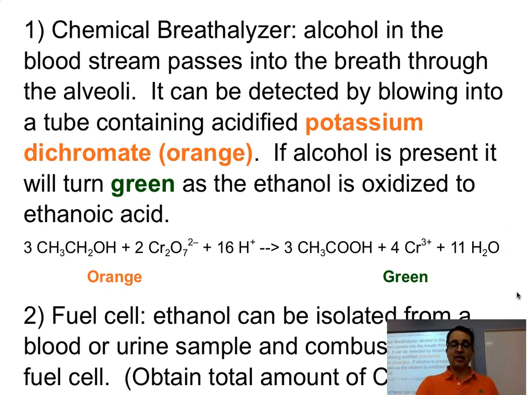This is the typical reaction for the oxidation of ethanol with dichromate all the way down to ethanoic acid. It could have been oxidized to the aldehyde, but either way, the color change is still going to be from orange to green.